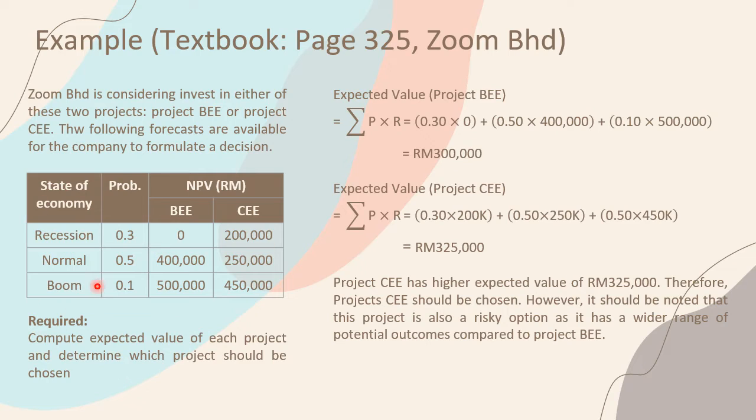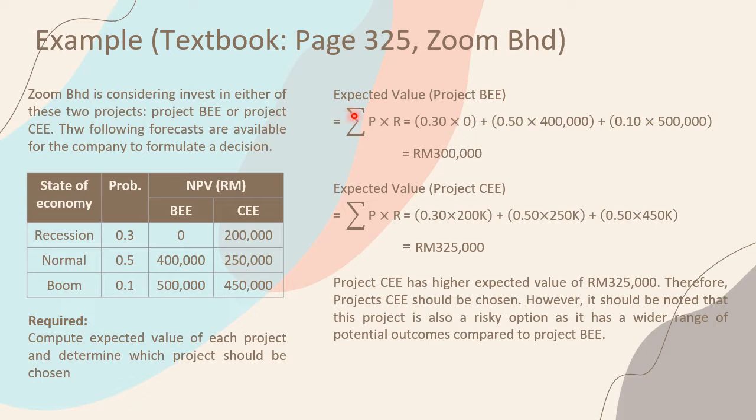So these are the forecasts that the experts have already found out for you, this is similar to the expected return under the risk and return topic. So it shouldn't be a problem for you. Okay, so it's required to compute the expected value for each project and determine which project should be chosen.